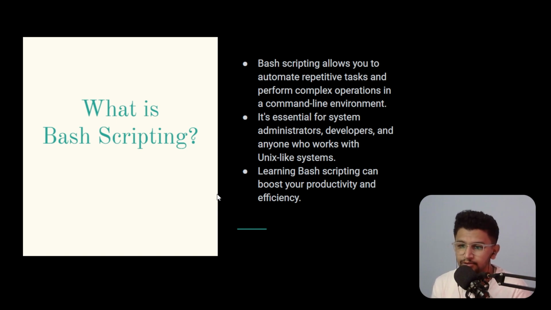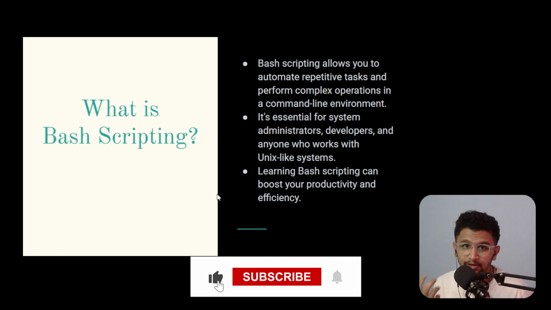Learning bash scripting can boost your productivity and efficiency, because where there is automation, there is efficiency and time management. Every task will be done within no time. That is why we use bash scripting for automation.